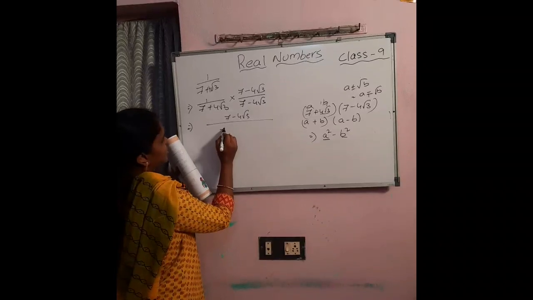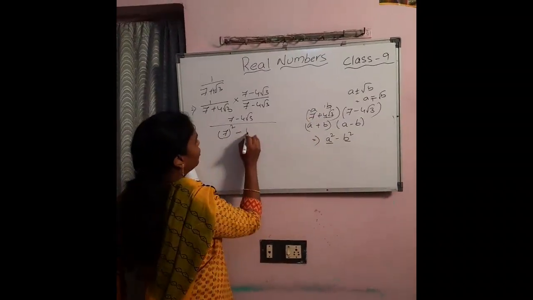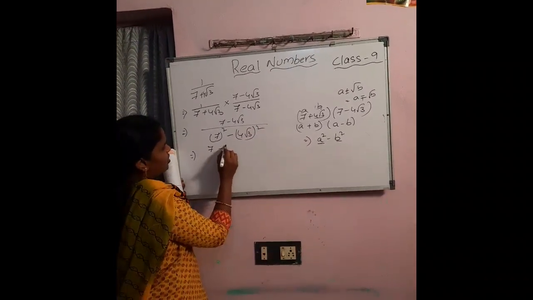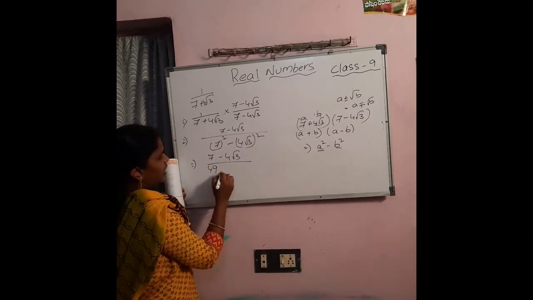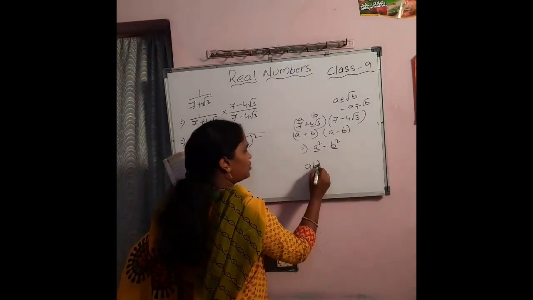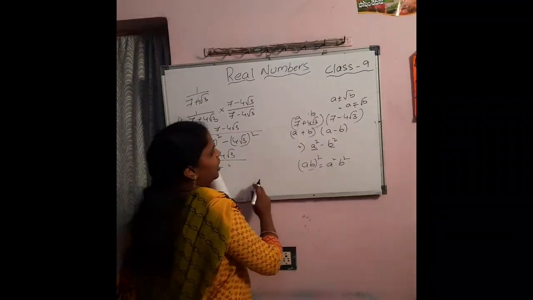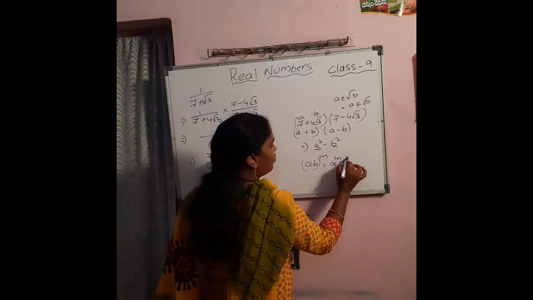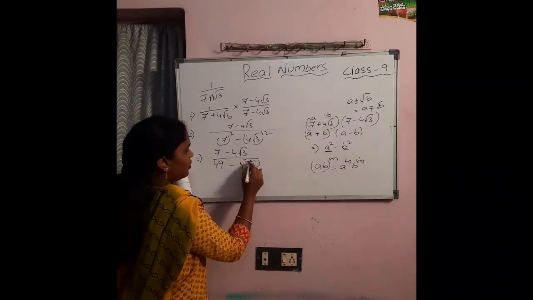So a square, that is 7 square, minus 4 root 3 whole square. 7 sevens are 49, minus: ab whole power m can be written as a power m into b power m. So it can be written as 4 square into root 3 whole square.